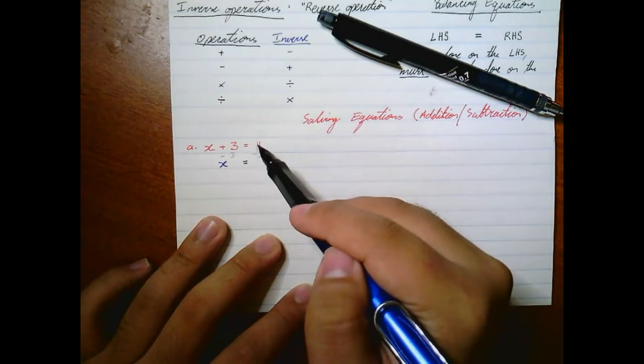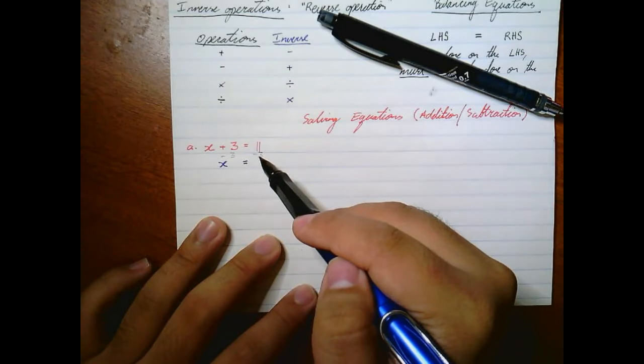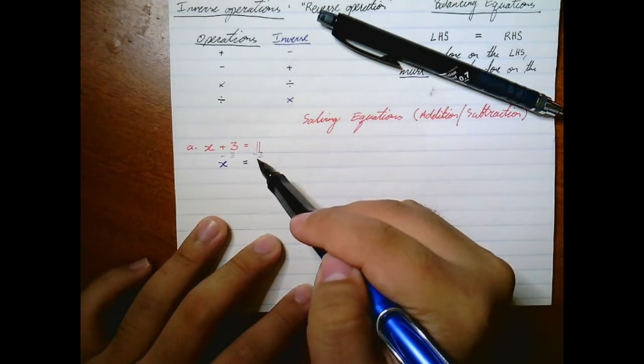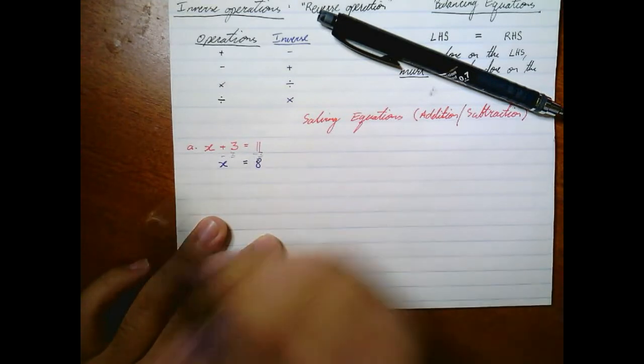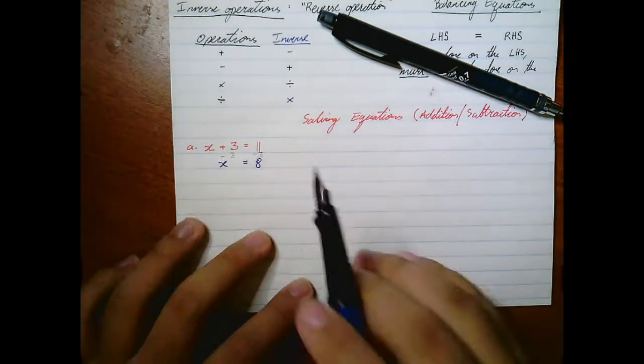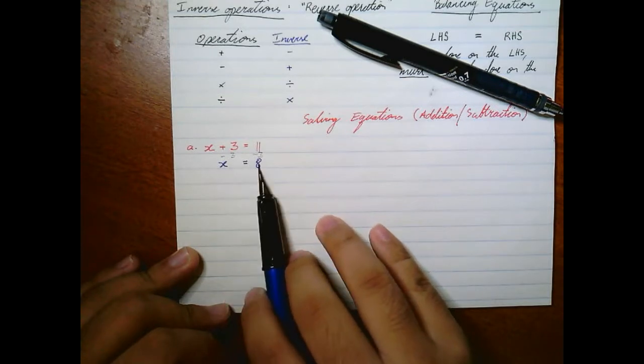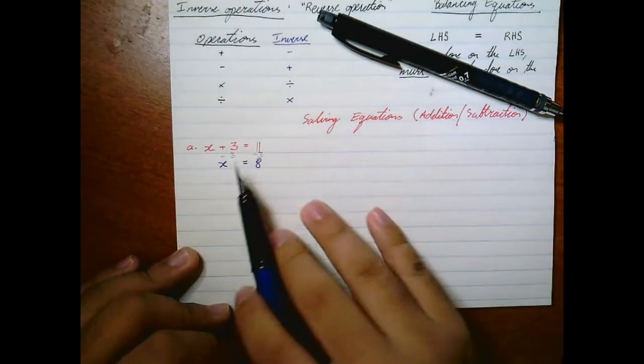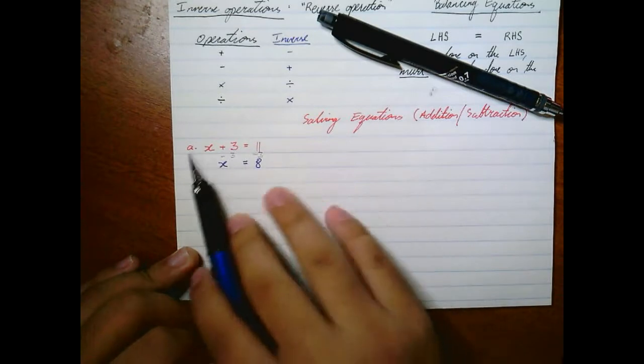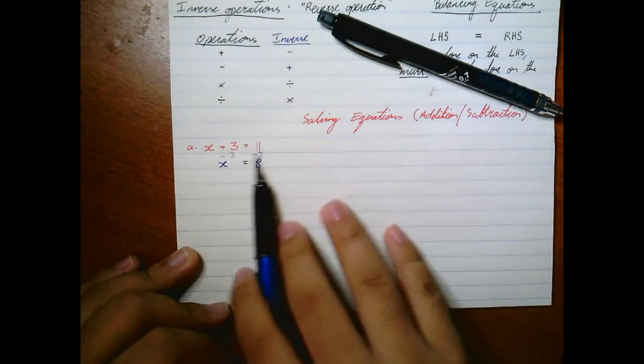And what is 11 minus 3? 11 minus 3 is 8. So if we were to substitute 8 in for x in the original, we should get the same solution that it says here. It should be 11.